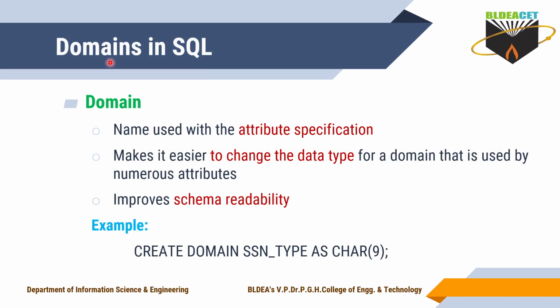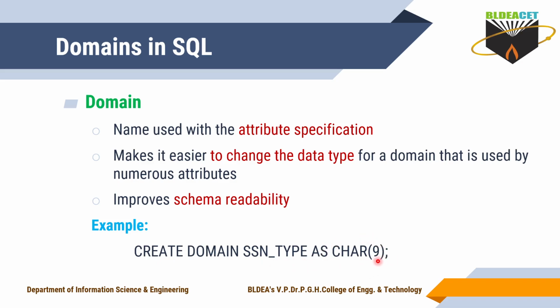Next is domains in SQL. You can use a domain with an attribute specification, or to change the data type for a domain that is used by numerous attributes, and it improves the readability of the schema. For example, create domain SSN_type as char(9).